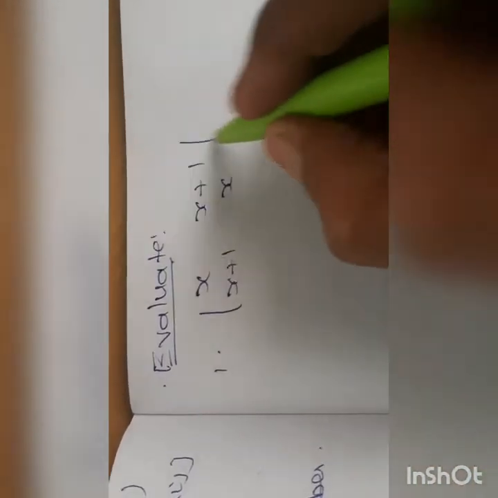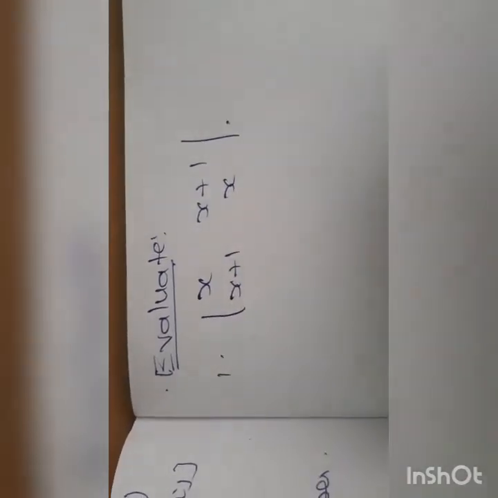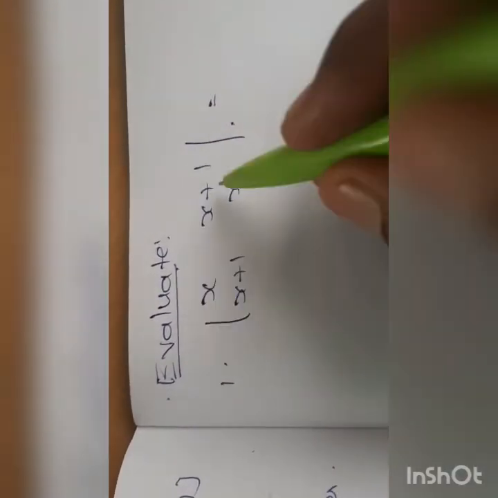The heading is evaluate. The first question: x plus 1, x plus 1, x square, x. They are already given in the form of a determinant, so you have to evaluate it. The answer should be either a real number or a complex number.